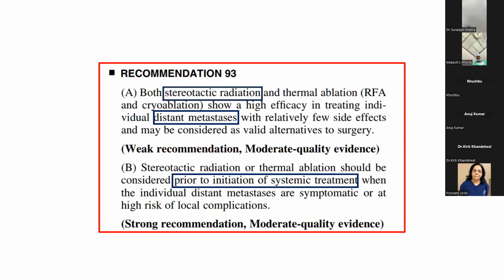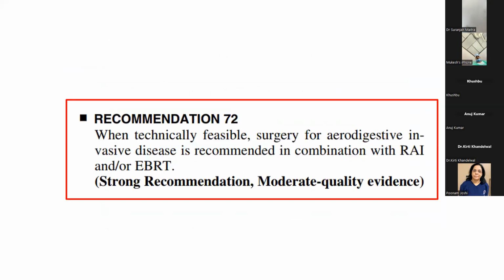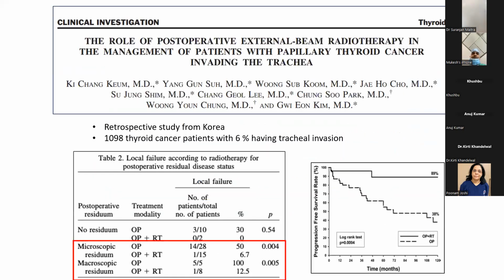So these are the two indications. Once more, I'll tell. So when there is complete surgical removal of the tumor, there is no role of adjuvant EBRT. And when there is involvement of the aerodigestive tract, then there may be a benefit with addition of EBRT. So these are the two recommendations with respect to localized treatment of thyroid cancers in the ATA guidelines.